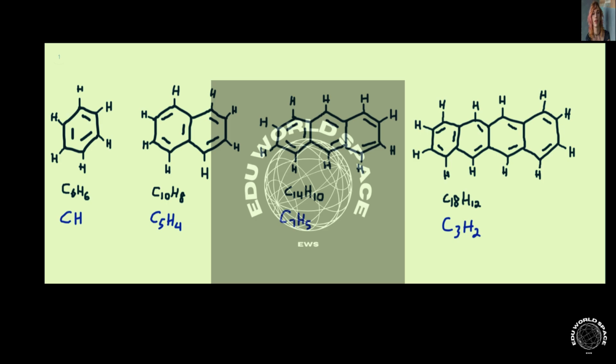The more CH bonds you have, basically the larger your organic structure is, the more energy you're going to produce. So tetracene is going to produce more energy than anthracene, which is going to produce more energy than naphthalene, which is going to produce more energy than benzene. So we can accurately determine which of these is our unknown sample based on how much energy is given off.